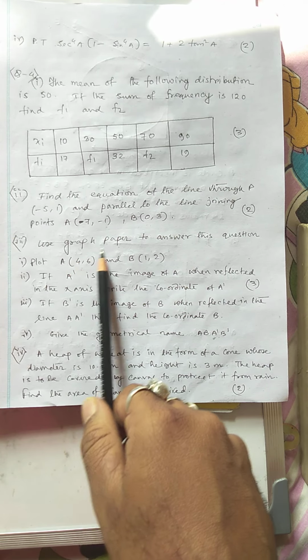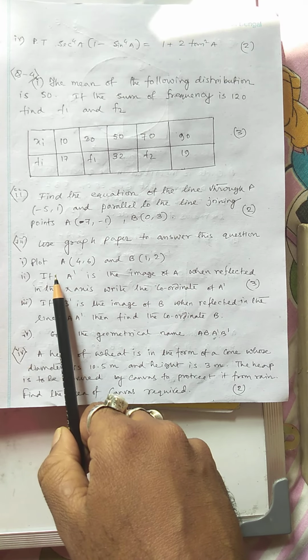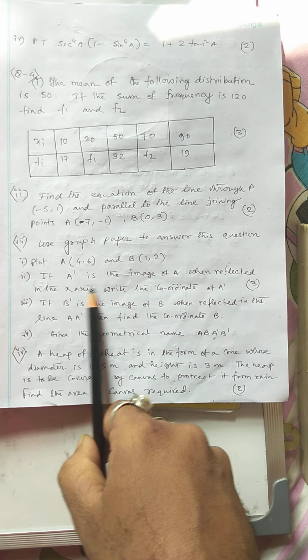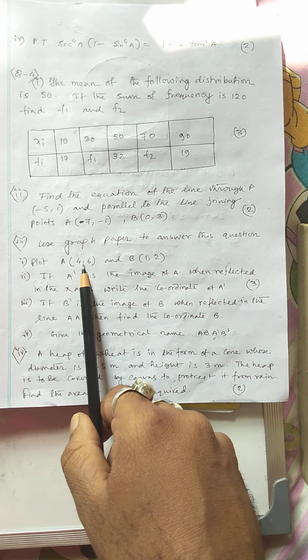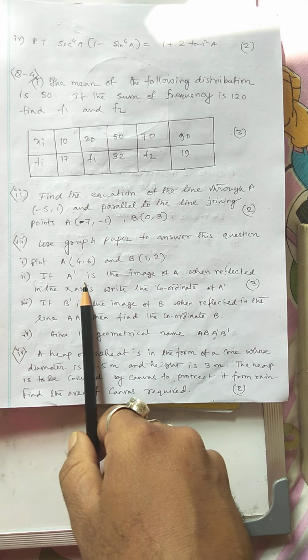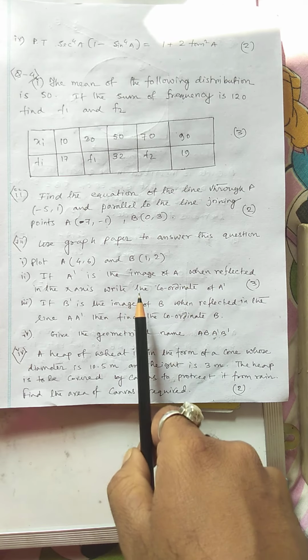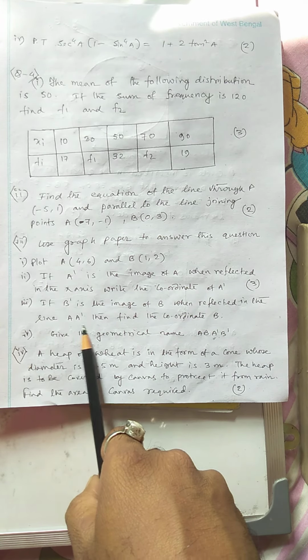So you have to use graph paper and the concept of reflection. There are 2 points A and B, and A dash is the image of A when reflected in the x-axis, and B dash is the image of B when reflected in the line A dash.